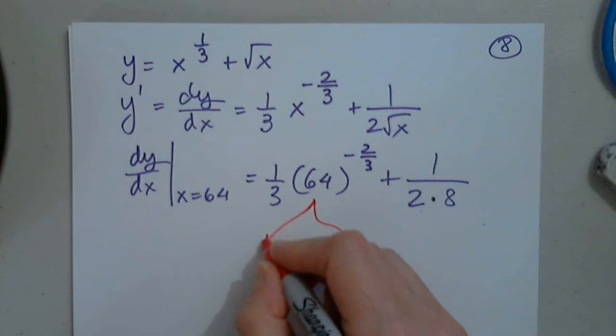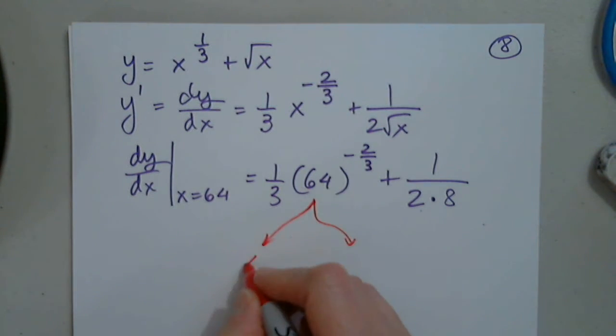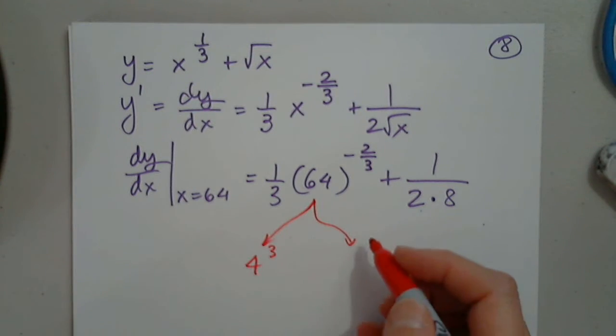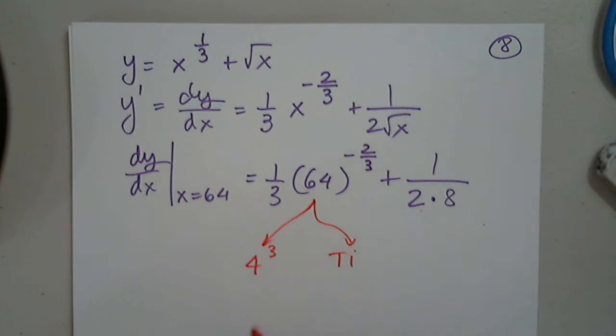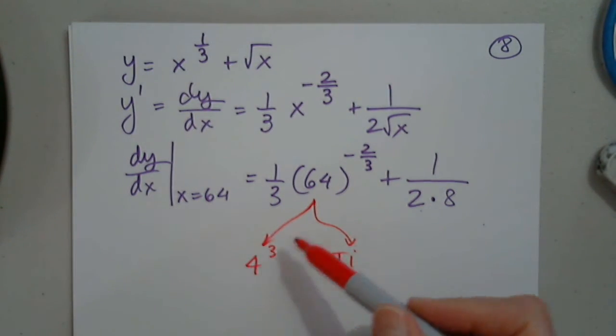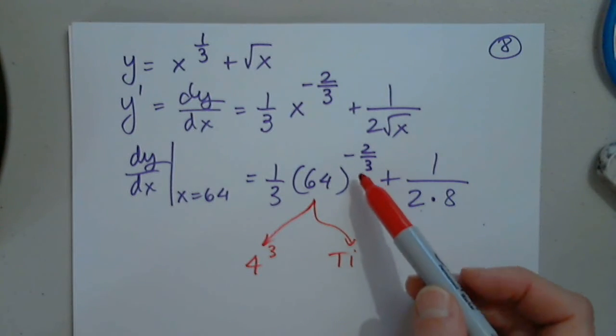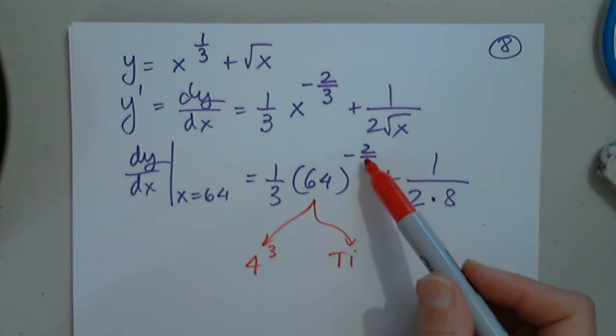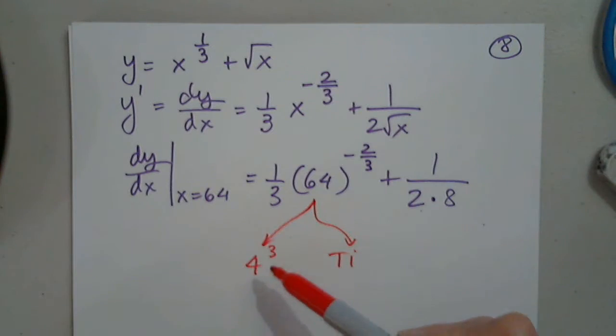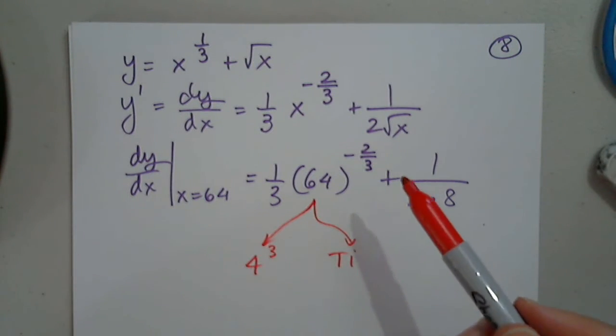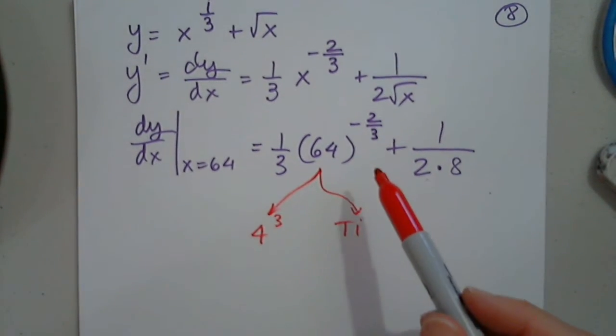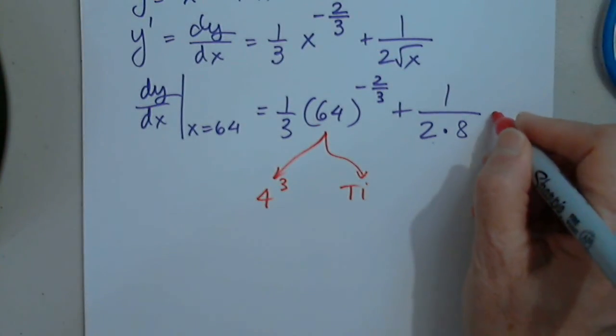The option that I like is to change 64 into 4 cubed. You can say, no, I just want to use the TI calculator and get the answer. But 4 cubed raised to 2/3 will be 4 to negative 2, which is 1 over 4 squared, which is 1 over 16. So it's up to you.